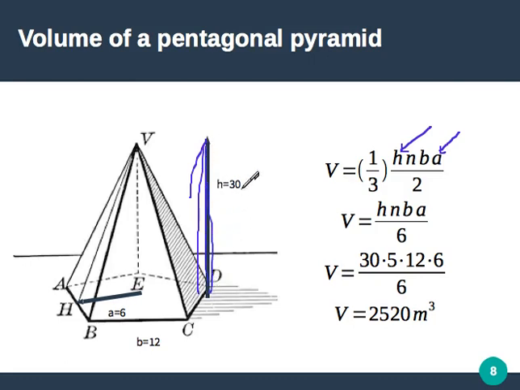In this case, it's a pyramid. So it's going to be height times number of sides times the length of one of the sides, times the apothem, which is this part over here. And then you got to divide by 6.